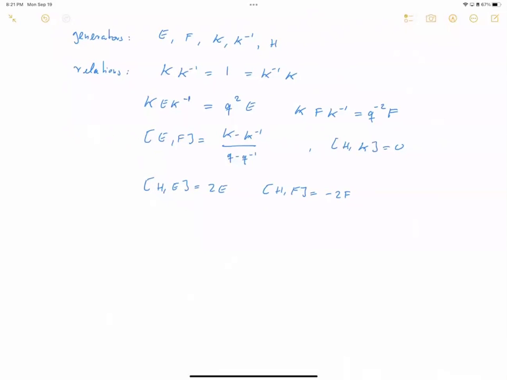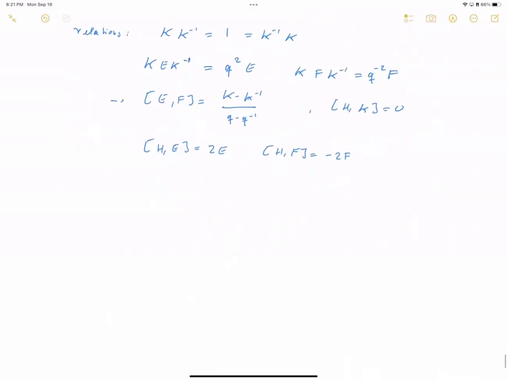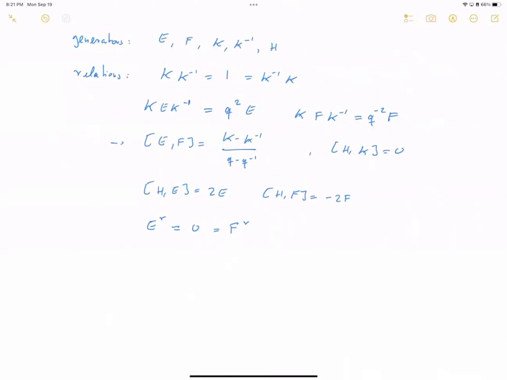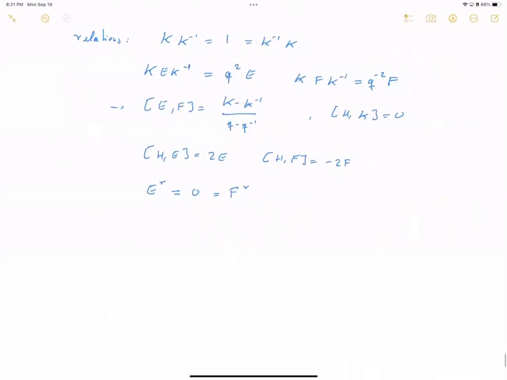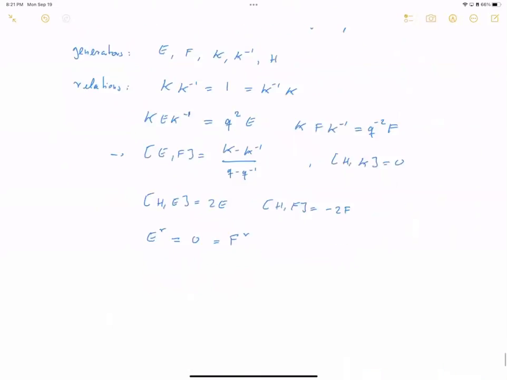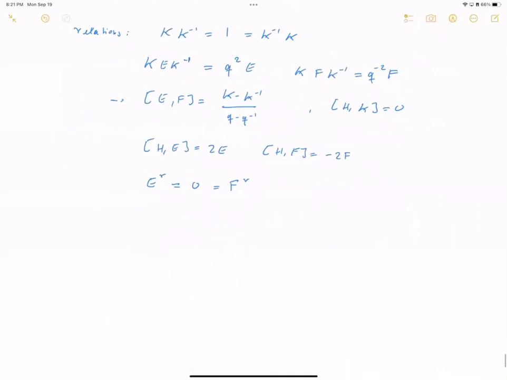The only difference is that here the commutator of E and F doesn't give you H, it gives you K minus K inverse. Now what additional relations do you require? You want this to be restricted, so you also require that E and F are nilpotent: remember q is a 2r-th root of unity, and the r-th power of E and F vanishes. So this is the algebra structure of this unrolled quantum group.